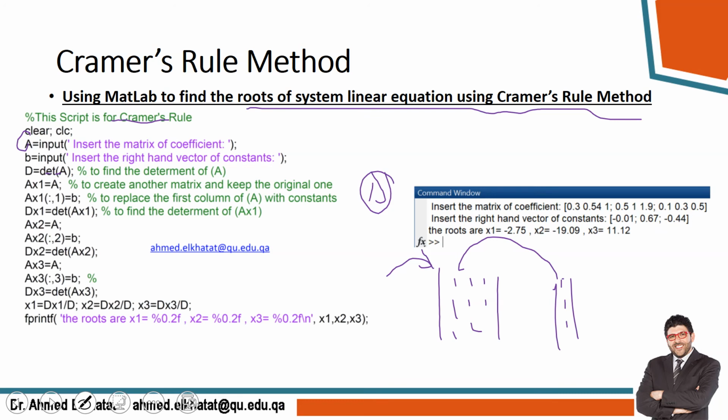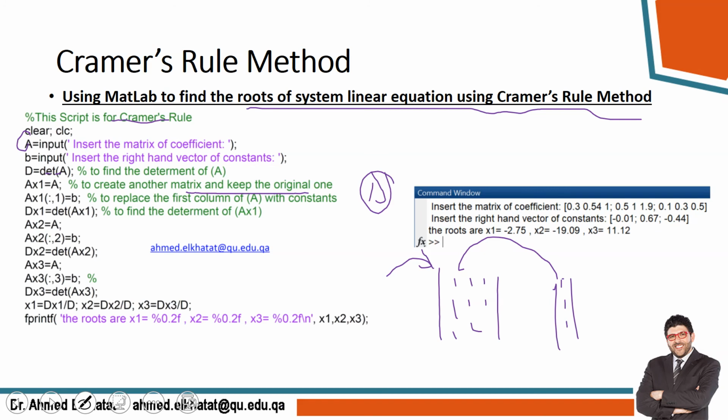So we will use this feature, but it's important not to change D, because if you change the D matrix, it will damage your data. So you want to keep D as it is and create another matrix. So here we create another matrix, AX1 equals A. This is to create another matrix and keep the original one.